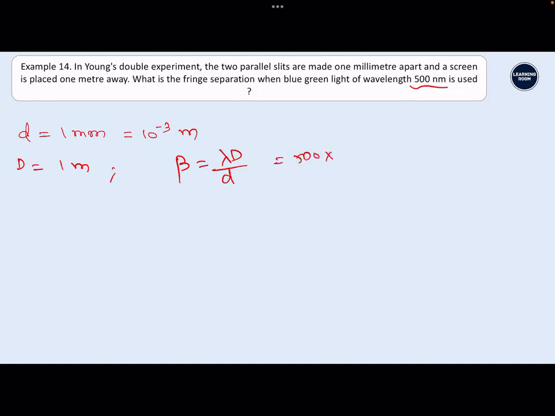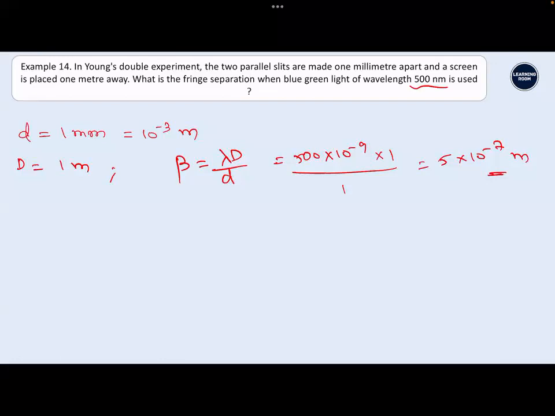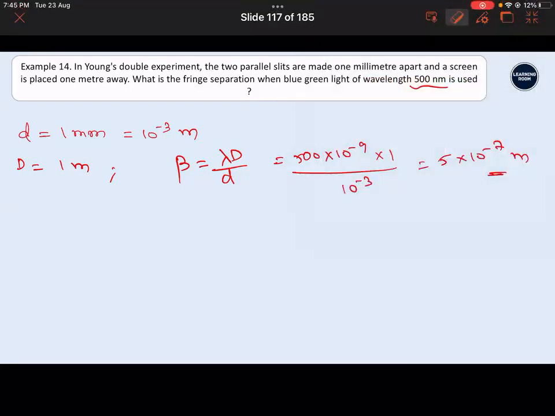So 500 into 10^-9 into 1 divided by 10^-3. So that is 5 into 10^-7, and dividing by 10^-3 gives 5 into 10^-4. Correct. Shall I proceed?